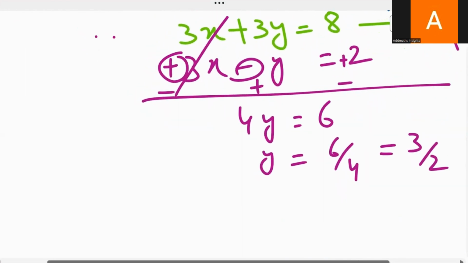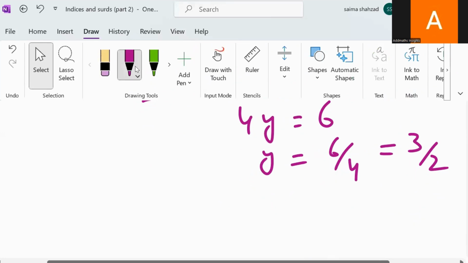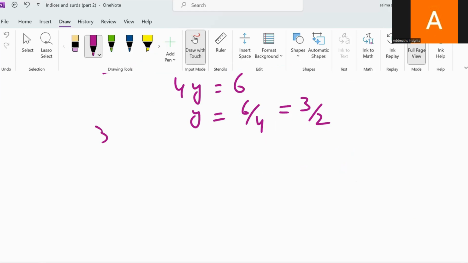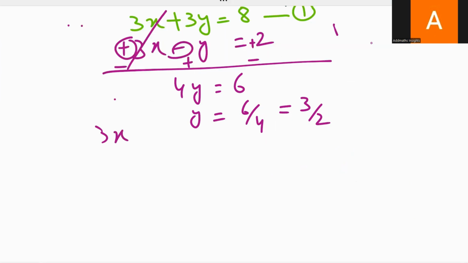So I'm taking this first equation, 3x plus 3y is 8.